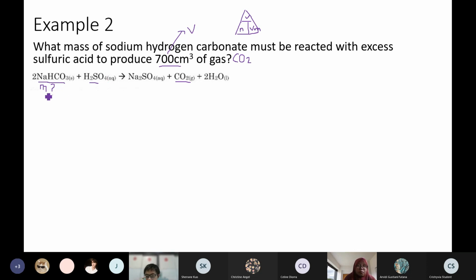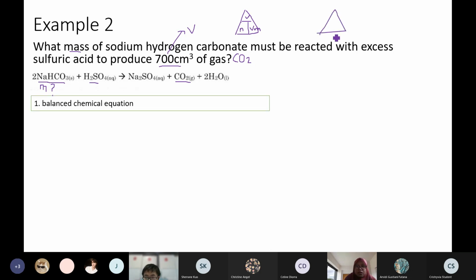Yeah, we need to know mass. What is the formula to find mass? To find mass, mass equals mole times Mr. This is mass, mole, and Mr. We can calculate Mr, right?